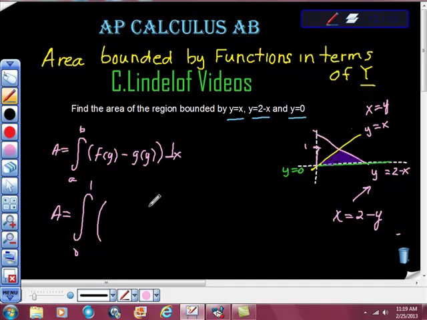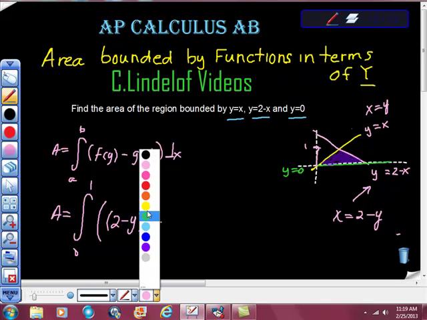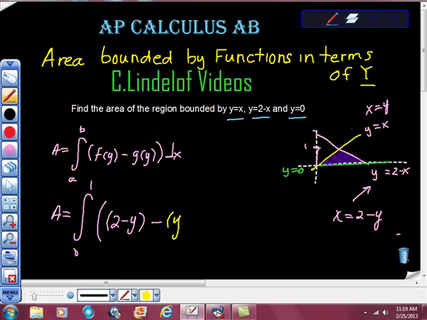So I'm going to set up my integral that way. I get 2 minus y, minus, this negative sign is this one, and as we look at it this way, if this was the top and this was the bottom, looking at it vertically, this would be the bottom, so we get minus y, wouldn't we?